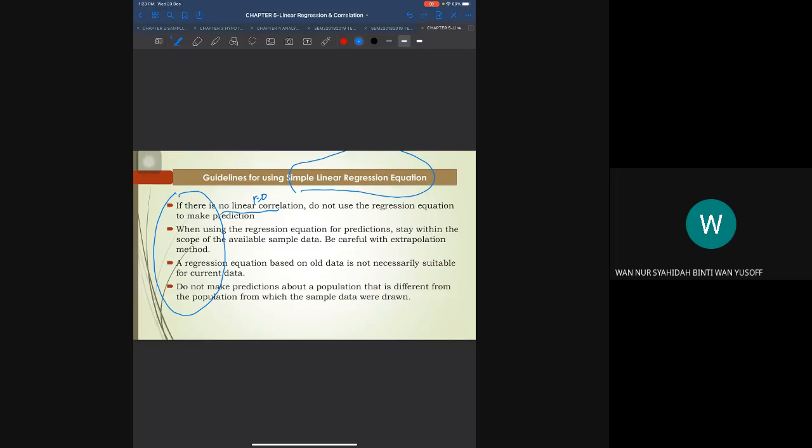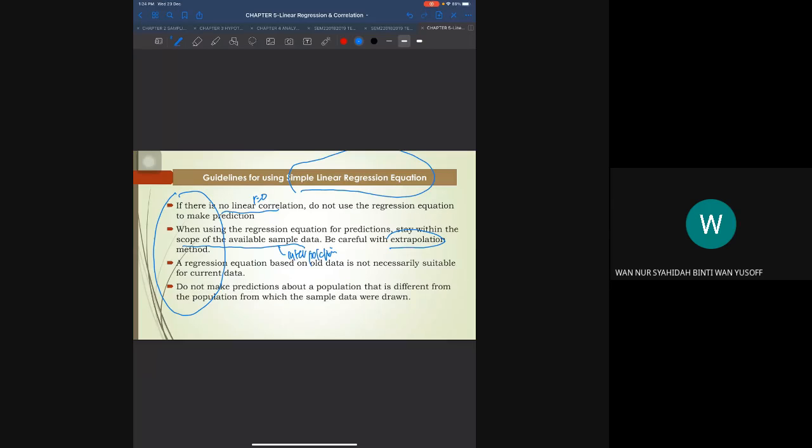When using the regression equation for prediction, stay within the scope of the available sample data, meaning interpolation, not extrapolation. When we do extrapolation, the result might be invalid, sometimes negative, sometimes outside the range that it is supposed to be.